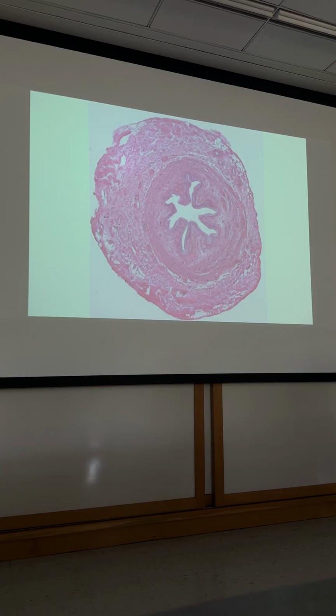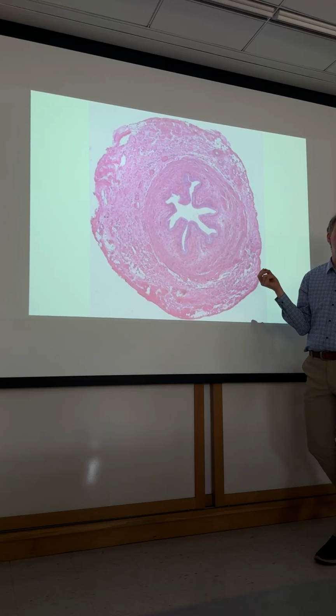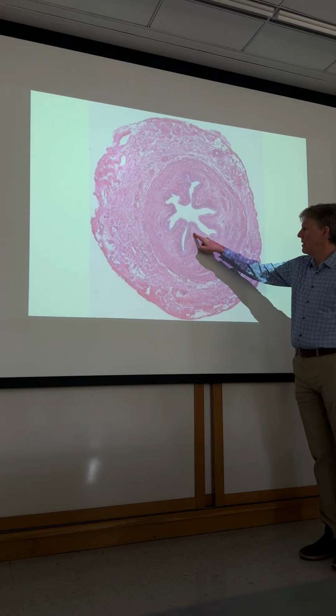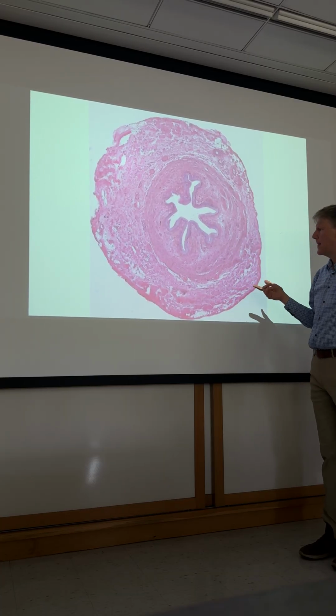That then brings us to this, which is the ureter. And the ureter is made up of an epithelial layer on the inside. It's a transitional epithelium, which ends up looking a lot like a stratified squamous epithelium, okay? Just beneath the epithelial layer is the lamina propria.